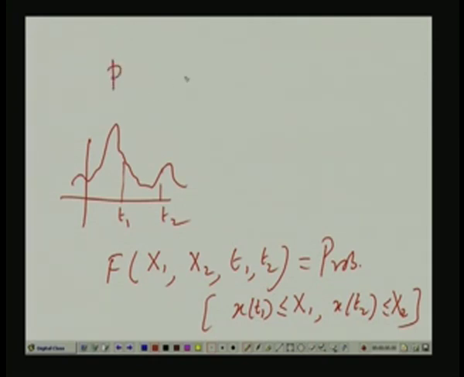And therefore the corresponding joint density function will be, now again I bring back small x1, x2, because I want to define the probability density not with respect to a specific x1, x2, but the general variables small x1, small x2. This is nothing but the double differentiation, del square of F of x1, x2, t1, t2.